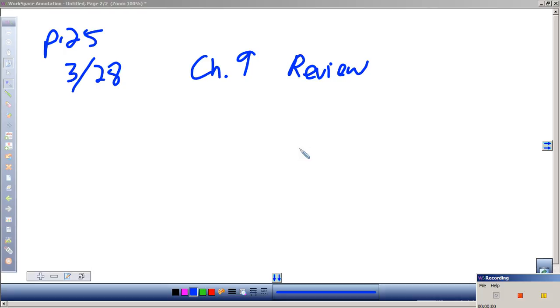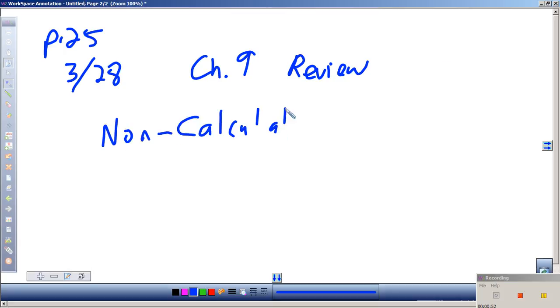So we look back to 9.1. Oh, first, if I was doing something non-calculator, I'm not positive I'm going to do this or not, it would be maybe a couple of polar graphs. I don't want to use the graphing capability.